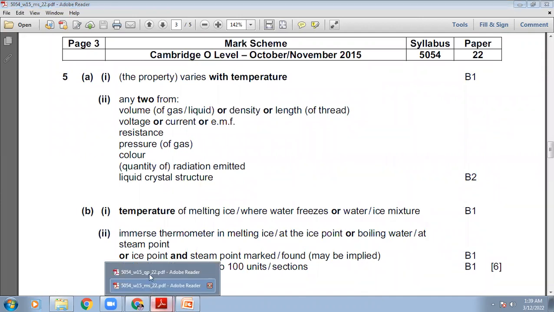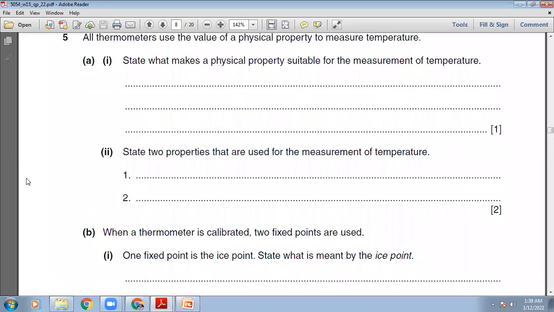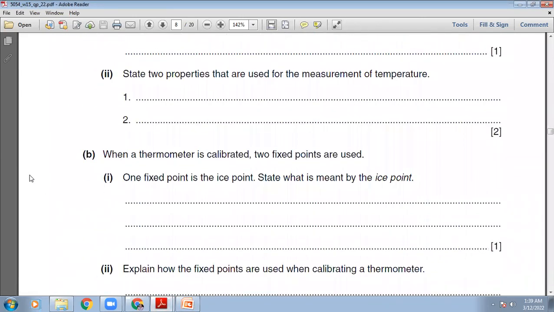Okay, so the next question says, state 2 properties that are used for the measurement of the temperature. There are a lot of properties which change with the temperature, and we use them to make thermometers. For example, the volume of the mercury. For example, the pressure of a fixed mass of a gas.